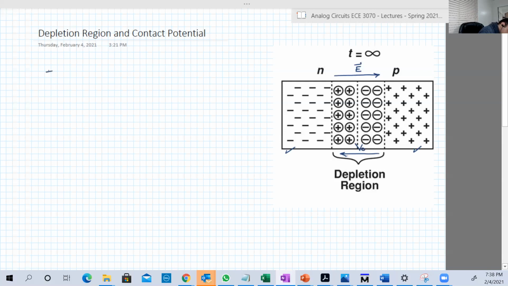So at equilibrium, a contact potential, between brackets barrier potential, is created in the depletion region.